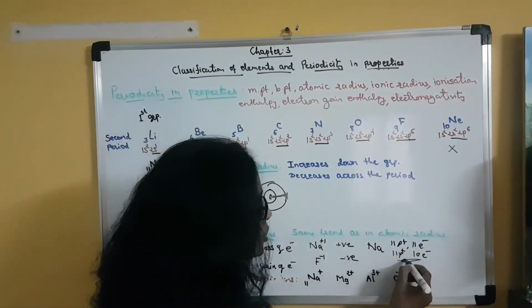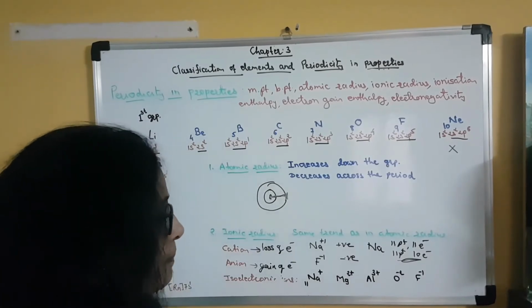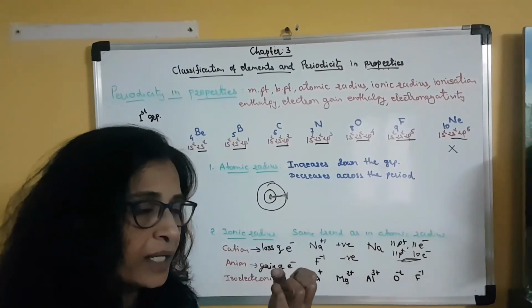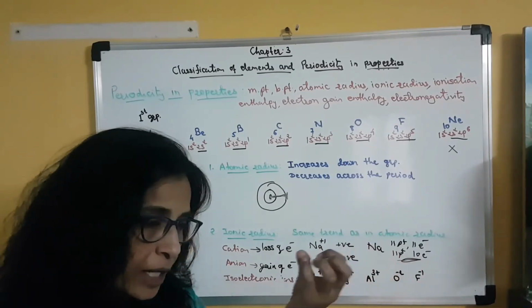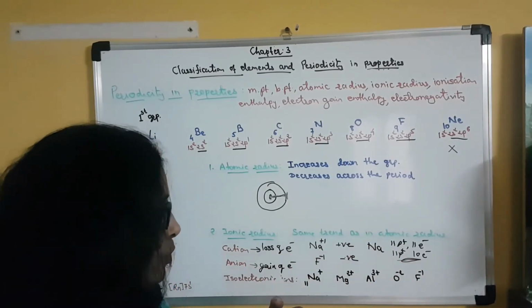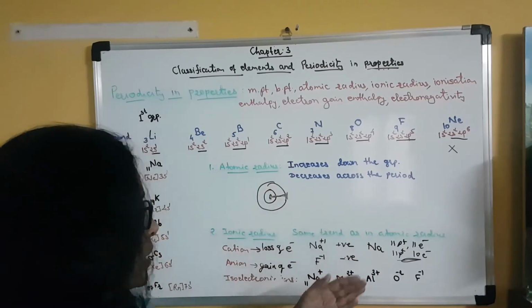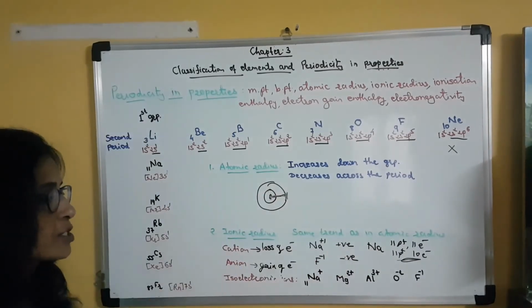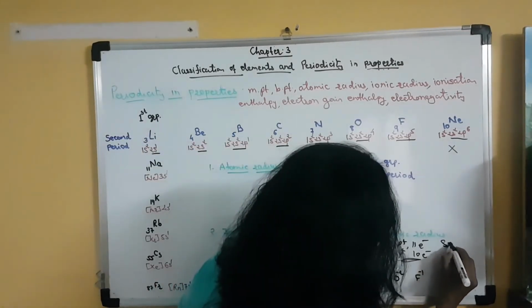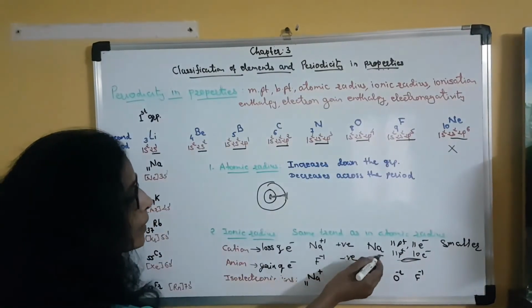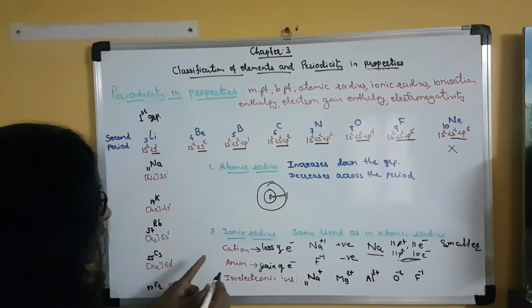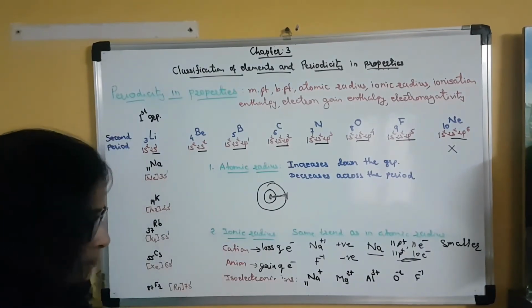So this attraction is more powerful. And that is why there is shrinking of the orbital, and the 10 electrons are pulled nearer to the nucleus, and that is why there is reduction in size. So cation is always smaller in size in comparison to the parent atom.